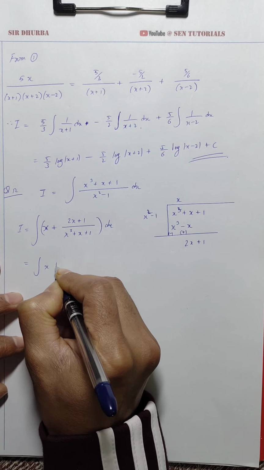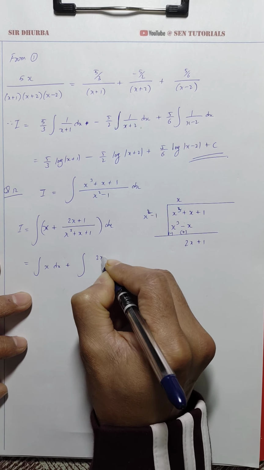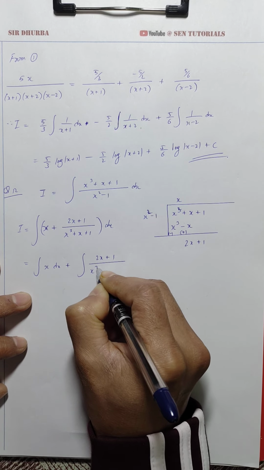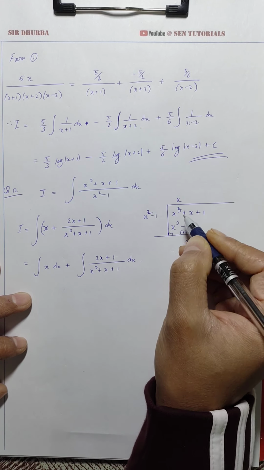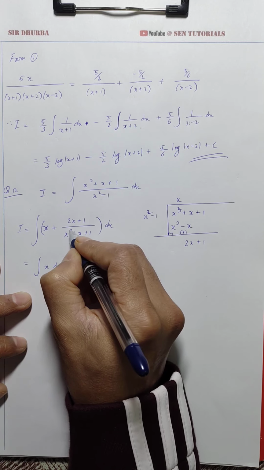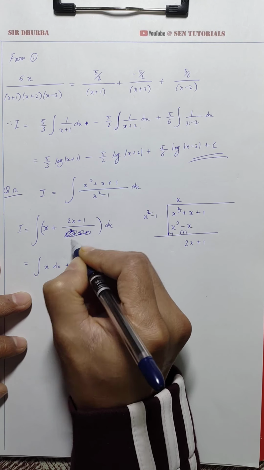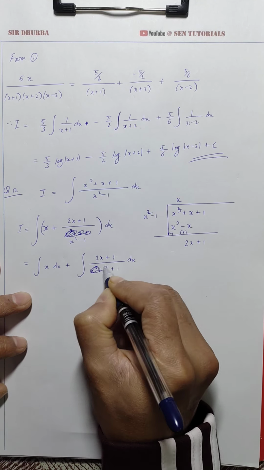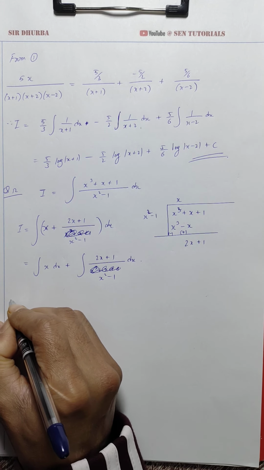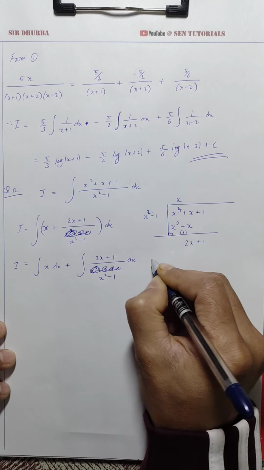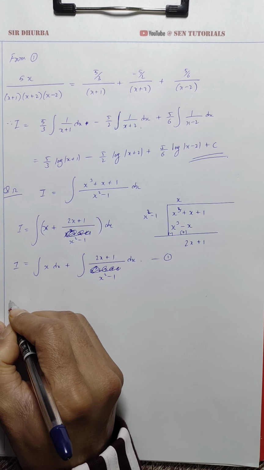So this result is integral of x plus integral of 2x plus 1 divided by x square minus 1 with respect to x. What did I write? x square minus 1. Okay, so let this be question 1. We will come back and solve this later on.